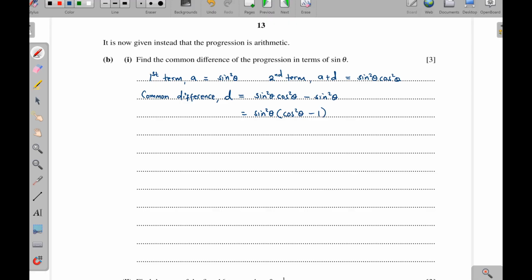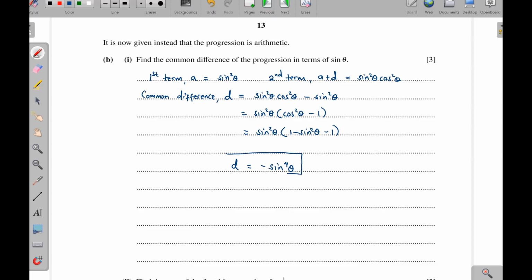Now remember they said that we have to put it in terms of sine theta. Now we know that cos squared theta is the same as 1 minus sine squared theta, and there is a minus 1, so this minus 1 will cancel with this 1 here. Then minus sine squared theta will multiply with this sine squared theta. And then we shall get our d as negative sine to the power of 4 of theta.